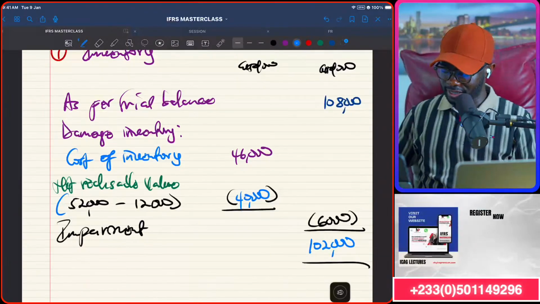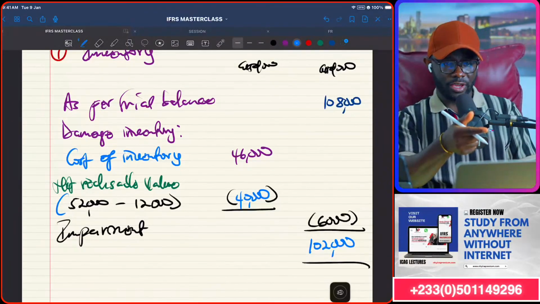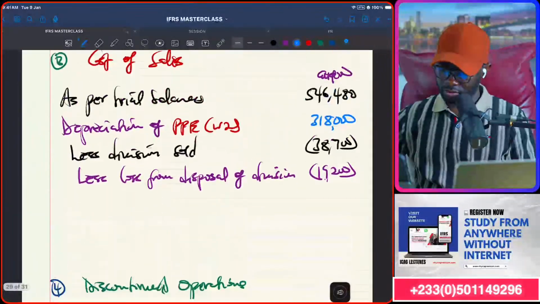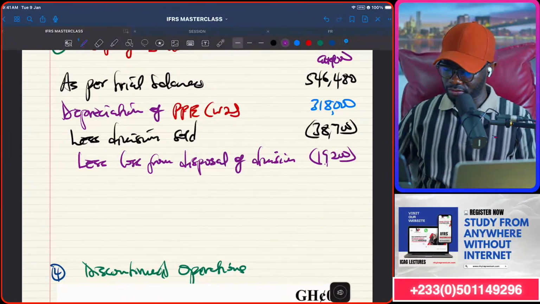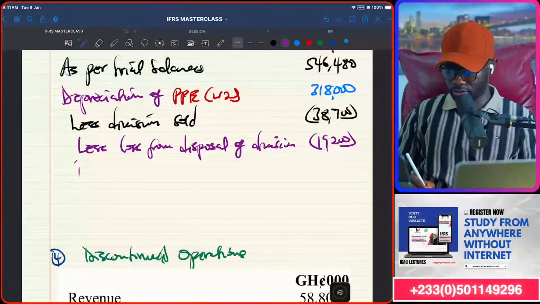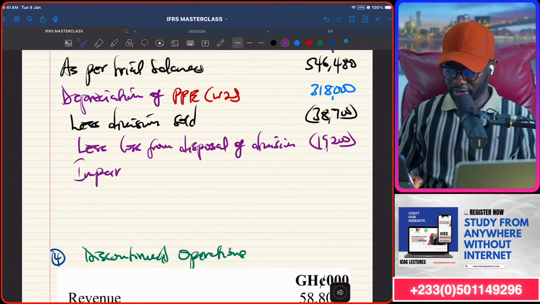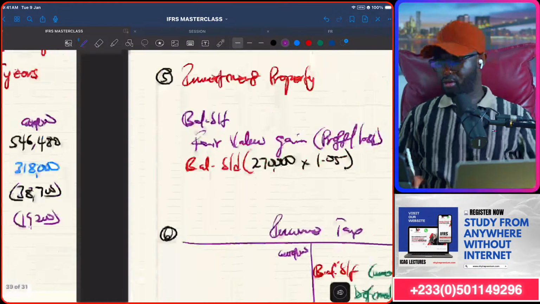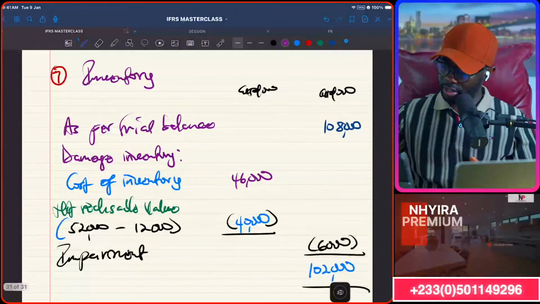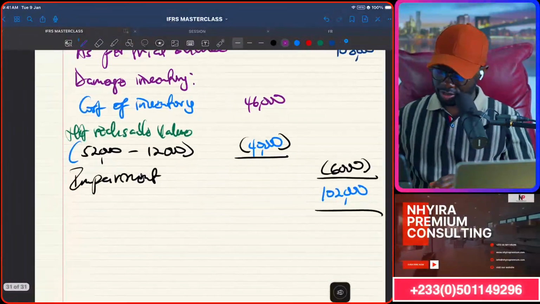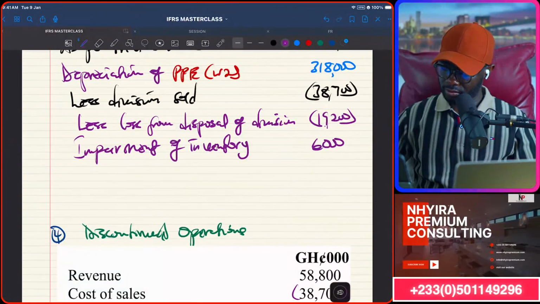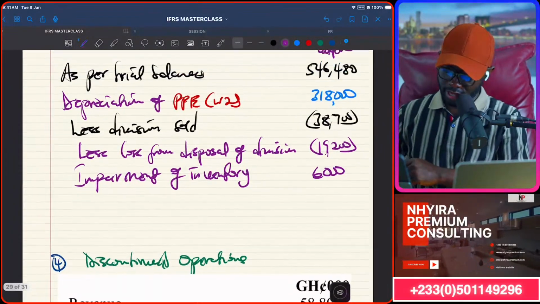Now, that 6,000, the fall in the inventory, will be added to cost of sales. So, impairment of inventory, and that is going to be 6,000 here.